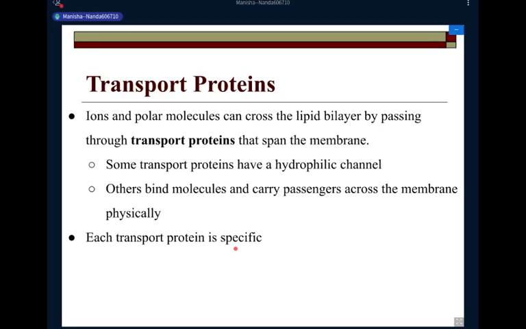They are specific in what ion they allow to flow through the membrane, even if it is a channel protein, and if it is a carrier, what molecule it is going to carry with it. Okay, so are you clear with this? These types of transport proteins. Did you get the term?